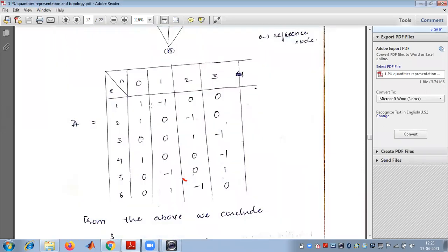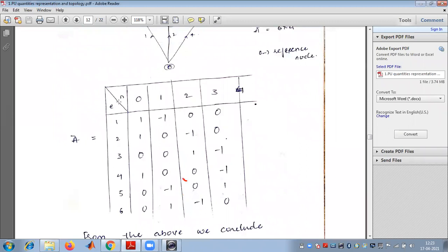Now you see here. The nodes I am considering in this direction: 0th node, first node, second node and third node. The elements I am considering on this side: element 1, element 2, element 3, element 4, element 5, element 6.